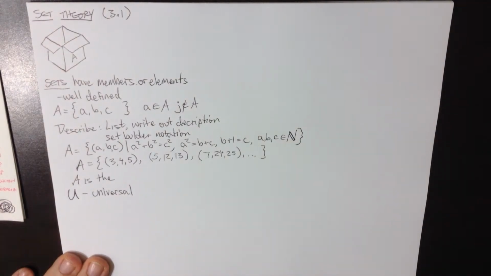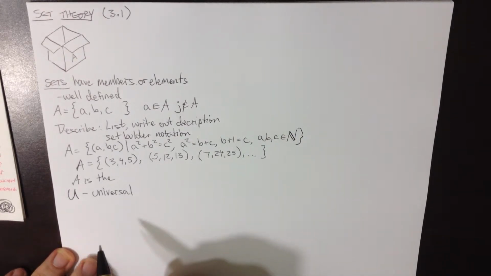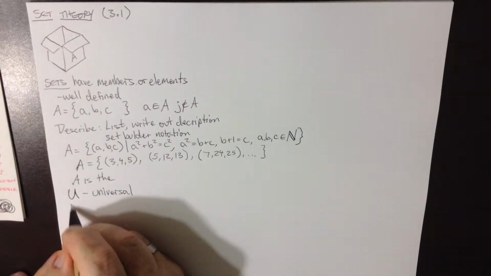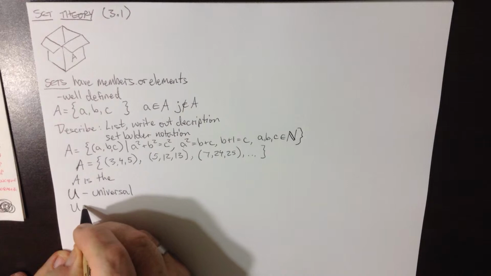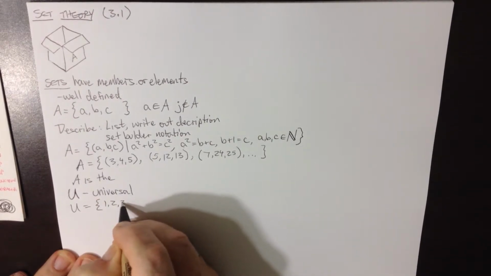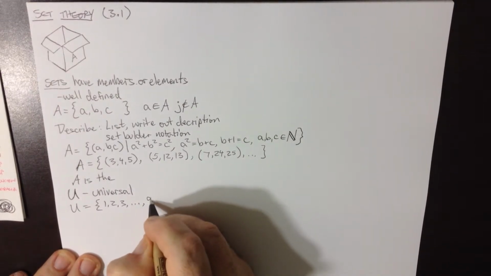It's important that I talk about subsets and what it means for sets to be equal. So let's move right into that. Let's suppose that the universal set is the elements 1, 2, 3, all the way up to 9 and 10.